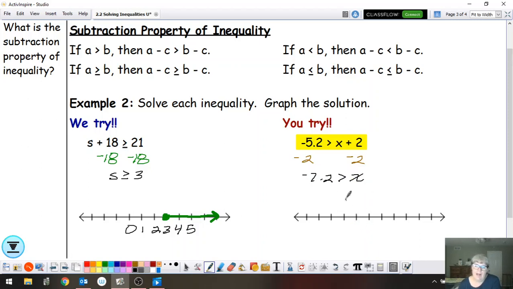So because I have 7.2, it's okay to have on my number line numbers like 7.0, and I'm going to skip because of the decimals. I'm going to go by 0.2s on my number line.